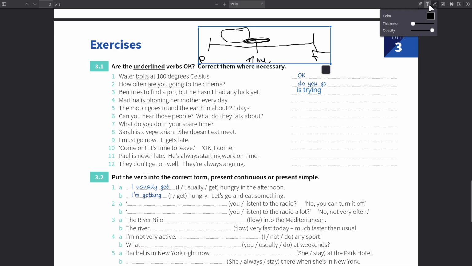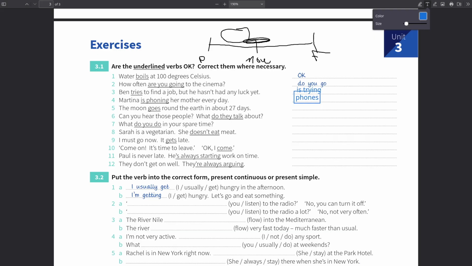Let's move on to the next one. Martina is phoning her mother every day. In this case, Martina phones. It's a simple present because I think that's something normal. Okay, Martina phones her mother every day, right?